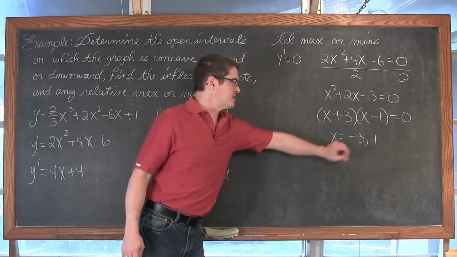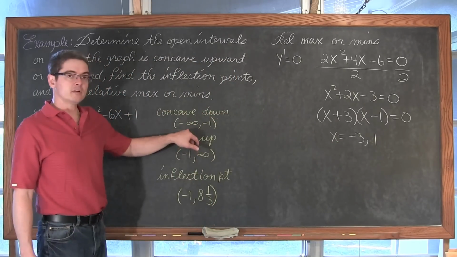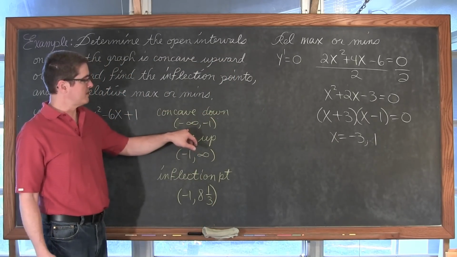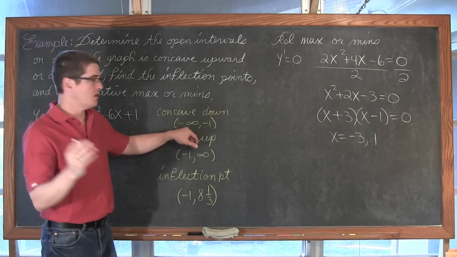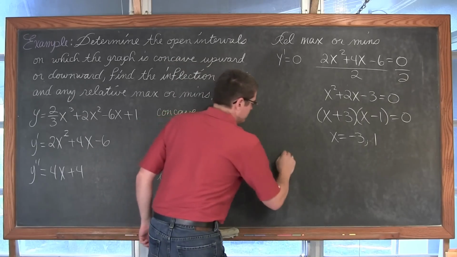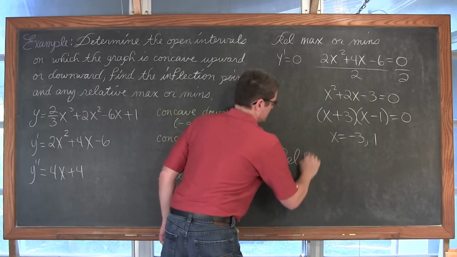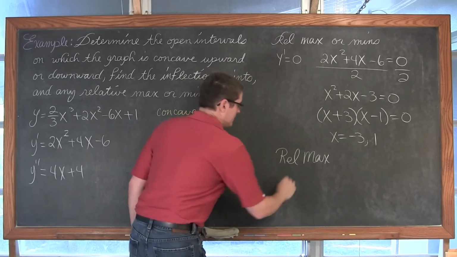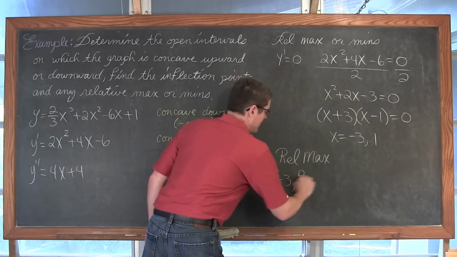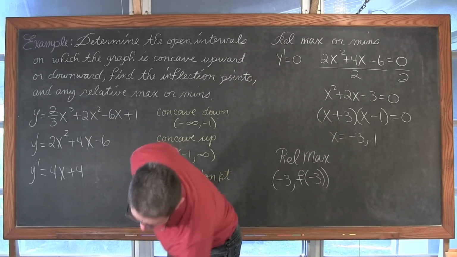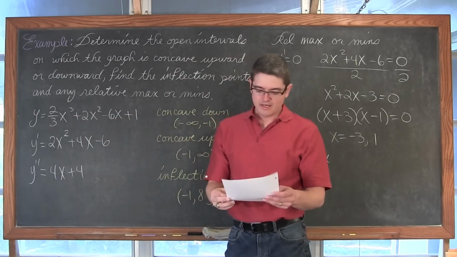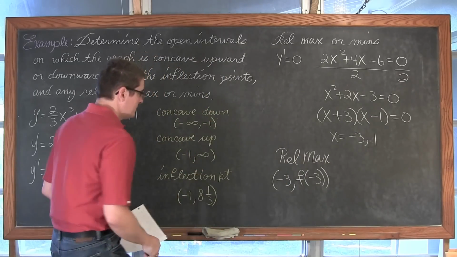Where the first derivative is equal to 0, my second derivative is negative, concave down, right? So we have a relative maximum at negative 3, comma, f of negative 3. And again, right off the top of my head, that comes out to be negative 3, 19.